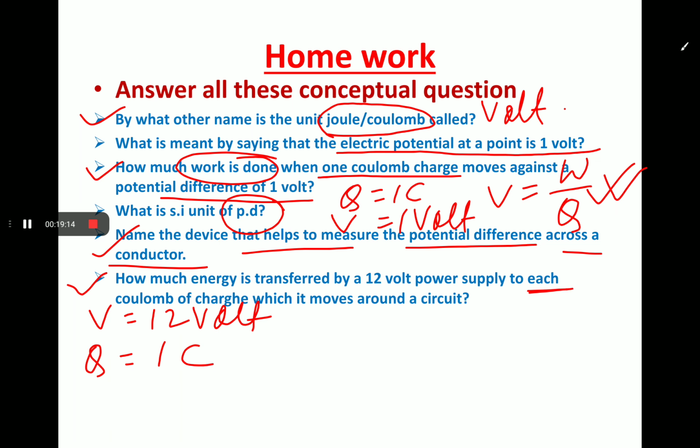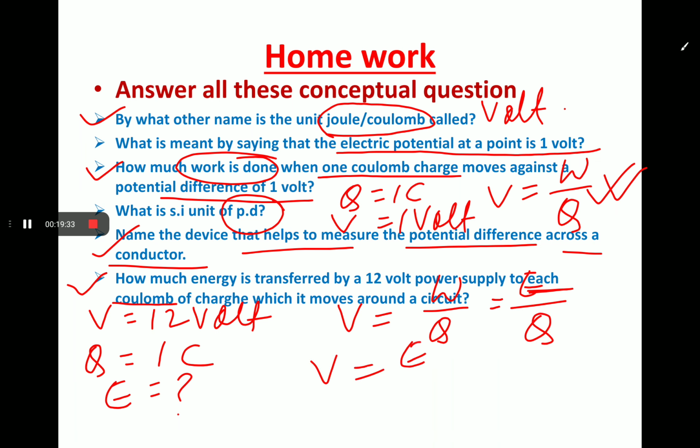Here, each coulomb, that is 1 coulomb of charge, will move around a circuit. How much energy, you have to find energy. So, you know the formula that potential is equal to work done by charge, and that work done is equal to energy by charge. So, potential is equal to energy by charge, and you have to use this formula and you will get the answer for your question.